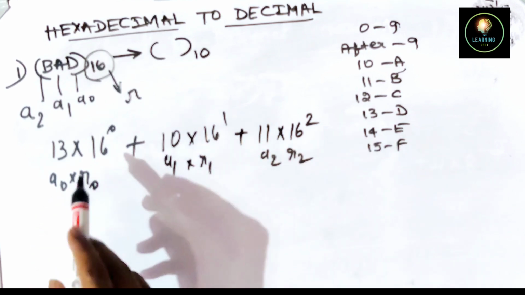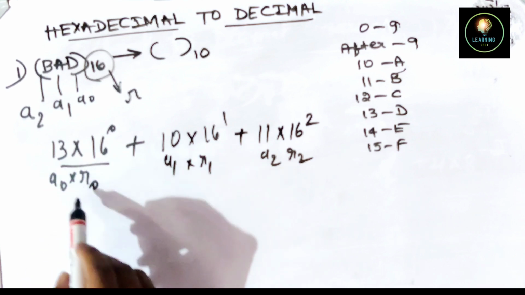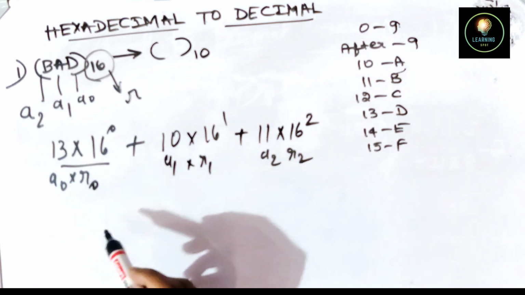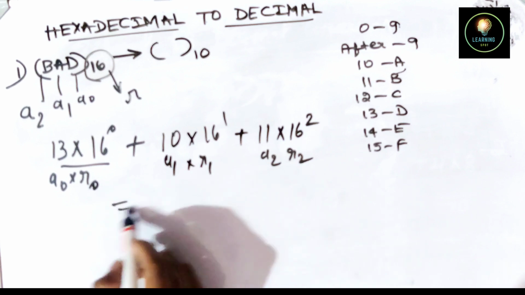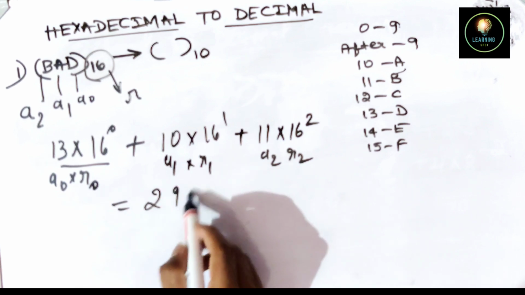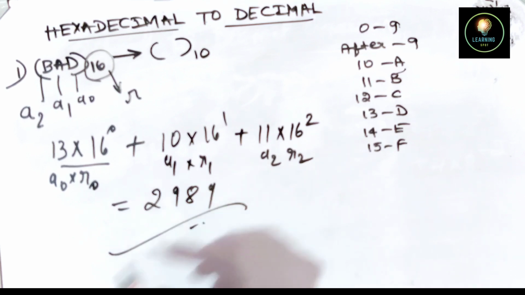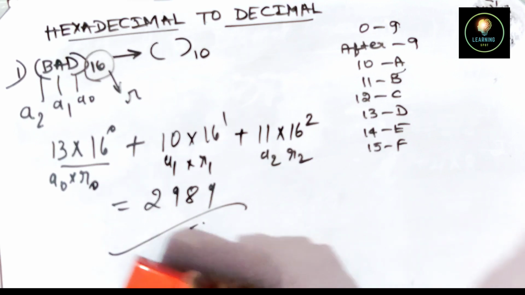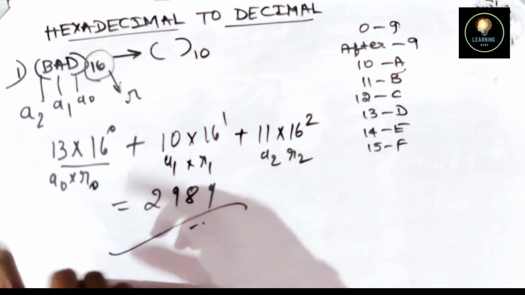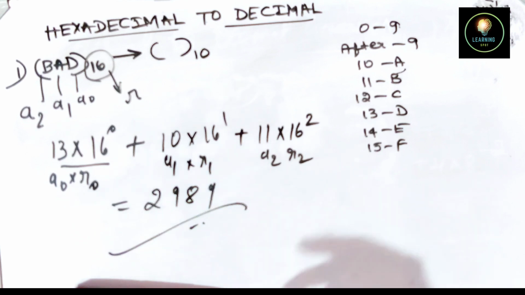By solving this, we multiply and add everything, and we get the final answer as 2989. So this is the value of the digits DAB in decimal format.